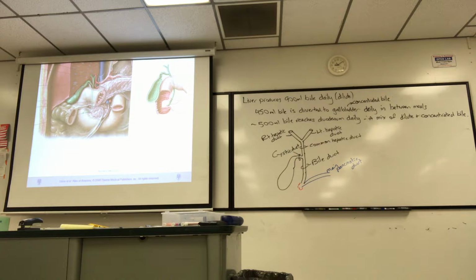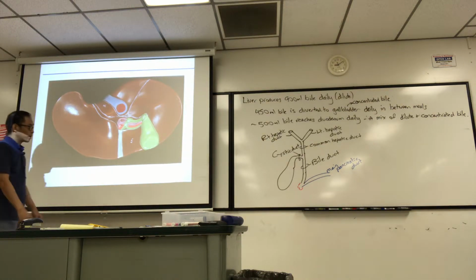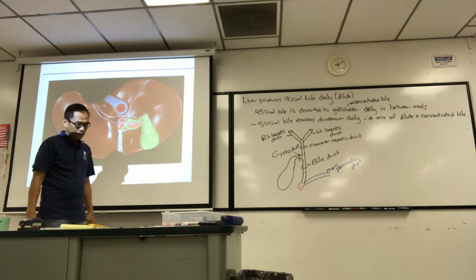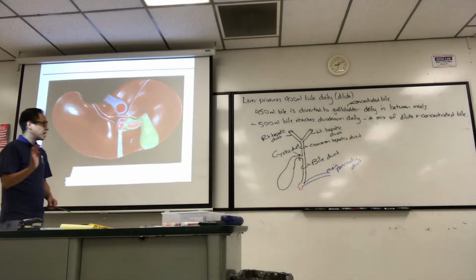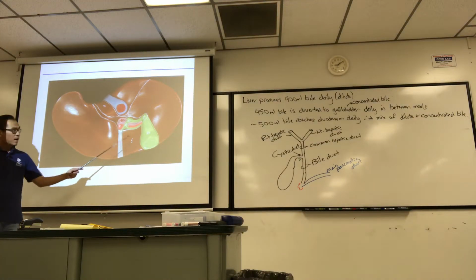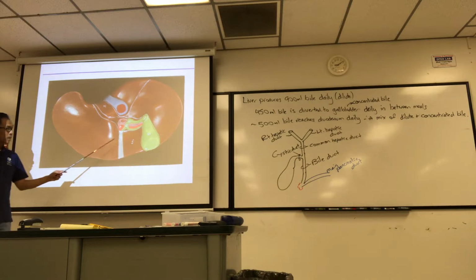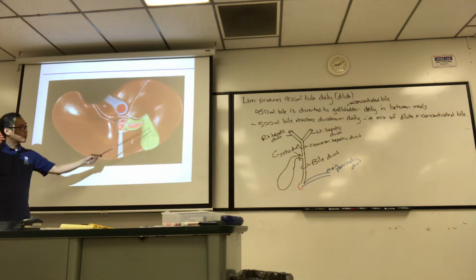If you look at any picture or model, or picture of a model, as long as you know this anatomy, you can always orient yourself and never misidentify anything. If you can just remember this: the gallbladder, right next to the quadrate lobe, right next to the ligamentum teres, this is the right side. The gallbladder is on the right.